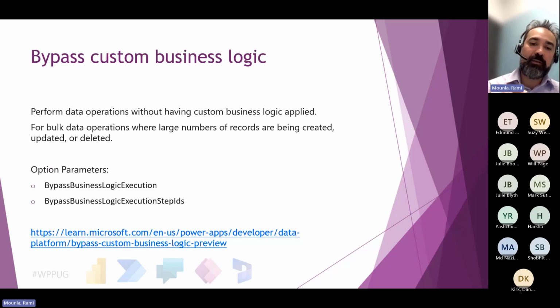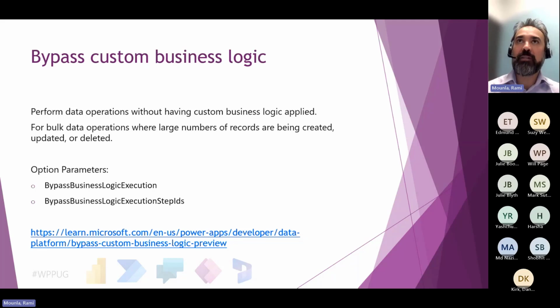What that feature provides you is an option to say, as you're using APIs to do bulk updates, for example, or API calls to do a create, delete, update, whatever it is, CRUD operations, you can specifically pass in a parameter in your API to say bypass the business logic.